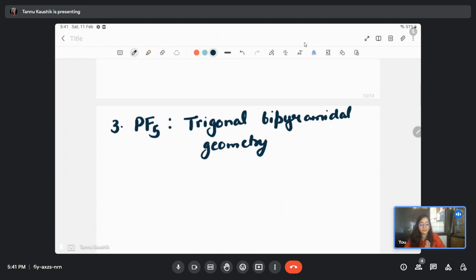So to find out the symmetry in any molecule, we should be aware of the right geometry of that molecule.